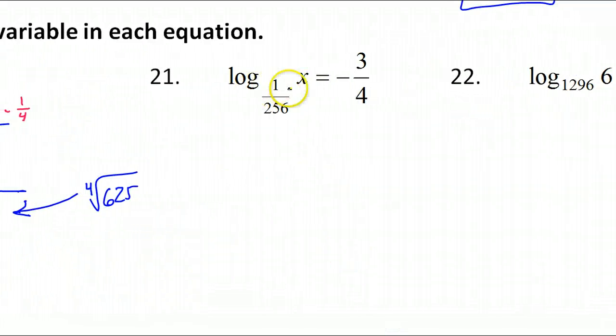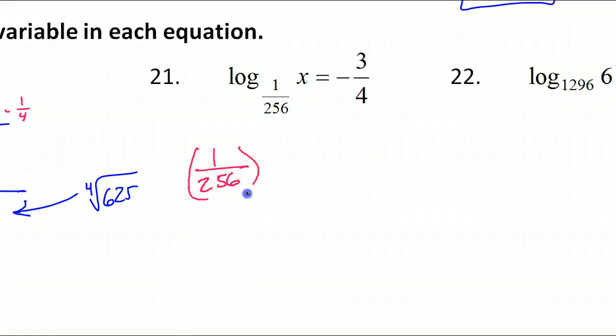Okay. Again, on this one, let's rewrite this in exponent form. Let's start with the base. So the base is 1 over 256. Everything else is going to switch sides. So this is going to come over here and become the power, so negative 3/4, and the x is going to go over there.